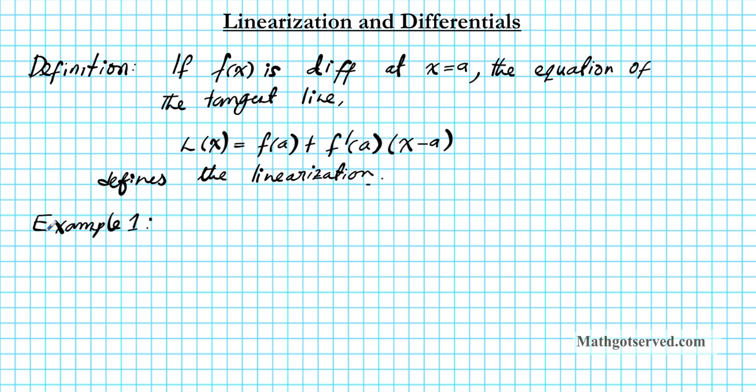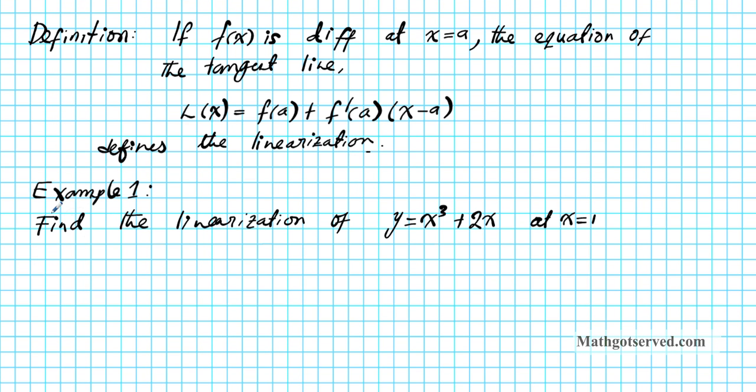We're to find the linearization of y equals x to the third plus 2x at x equals 1. That's for the A part.